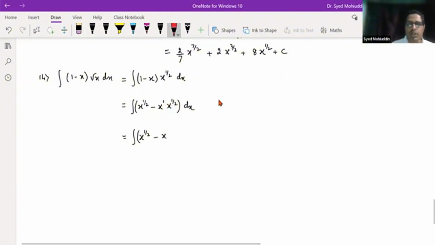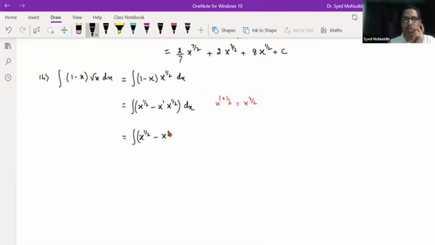So if you want, you can write it directly itself, right? x power of what you have, 1 plus half. So what will we be getting x power of? The simplification, that calculation, you can do in the working column. So we'll be getting 3 by 2 times dx. Now apply the integral individually for each of the terms.